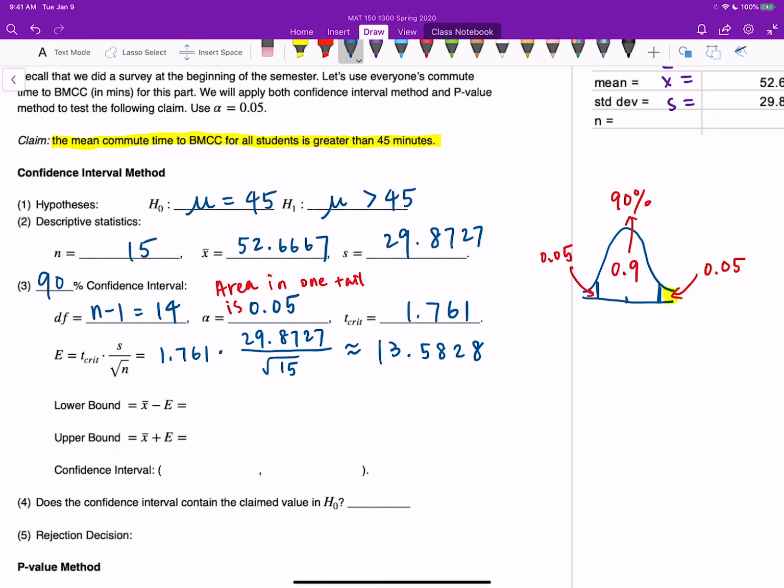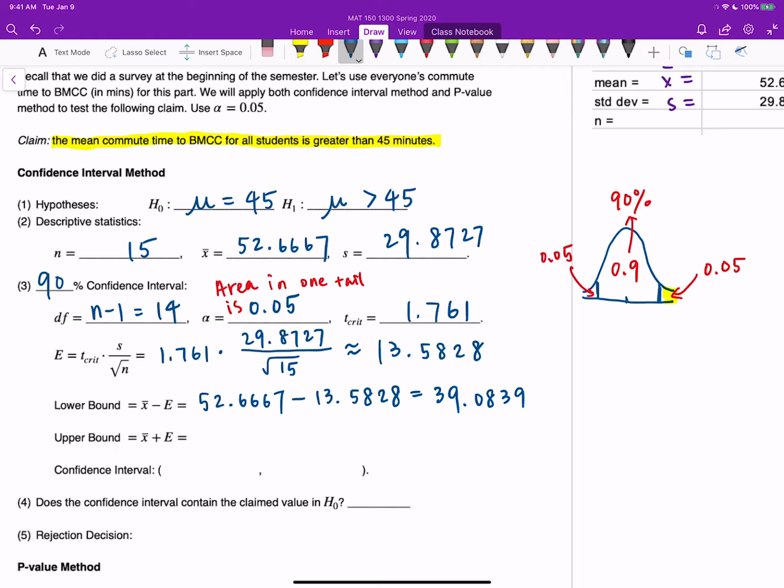And then we're going to calculate the lower bound and upper bound. Lower bound is the point estimate, which is sample mean, 52.6667. Subtract your margin of error, 13.5828. Let's calculate that. Alright, we got 39.0839. So that is our lower bound.